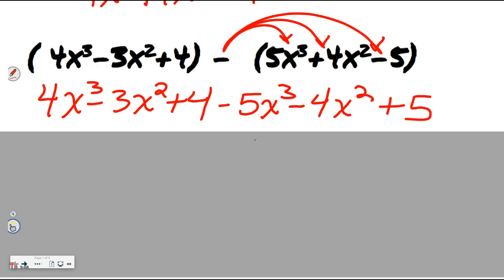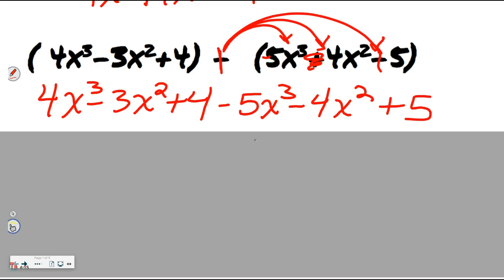And I'm just going to ask one of you, I'll just ask Kaylee, did your teacher teach you to add the opposite or hop it in? If you did that, you would still have the minus 5x cubed, the minus 4x squared, and the plus 5. So it kind of depends. There's 2 ways to teach that, but they both give you the same answer.